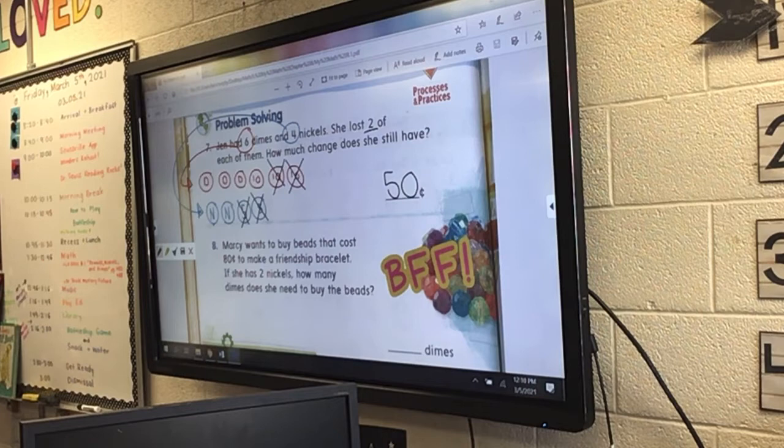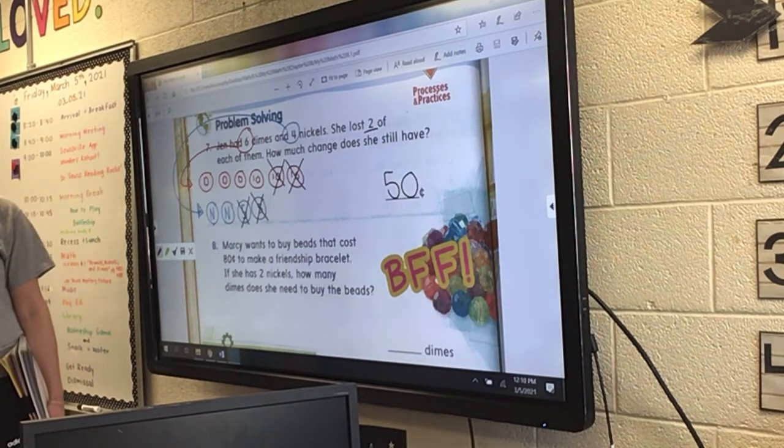Number 8. Marcia wants to buy beads that cost 80 cents to make a friendship bracelet. If she has 2 nickels, how many dimes does she need to buy the beads?